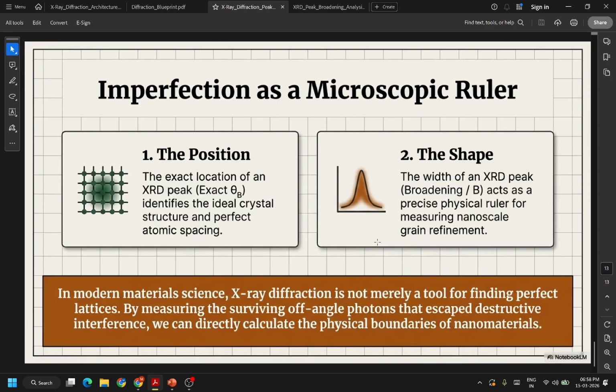So in modern material science, XRD is not merely a tool for finding the perfect lattice. By measuring the surviving off-angle photons, we can directly calculate the physical boundary of our nanomaterials. So we can calculate the size of our nanomaterials.